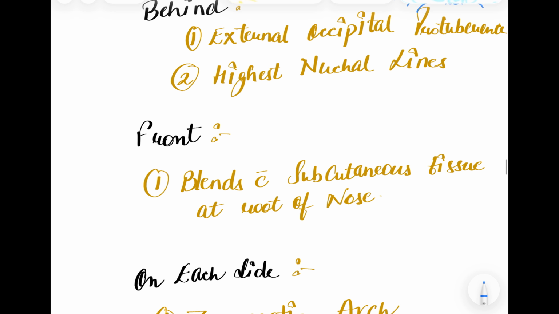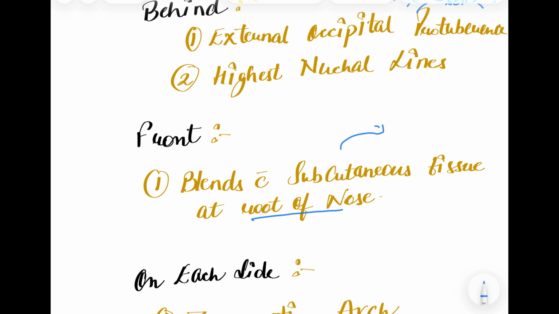In front, it is going to blend with the root of the nose. So I have got the eyebrows over here. This is going to be the nose. So here it is blending, right? And I know the frontalis muscle is lying on either side. So what I have in the center is my aponeurosis.